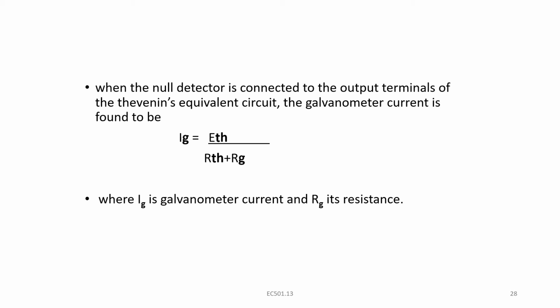The null detector is connected to the output terminals of the Thevenin's equivalent circuit. The galvanometer current is found to be Ig equals E Thevenin by R Thevenin plus Rg, where Ig is the current through the galvanometer and Rg is its internal resistance.